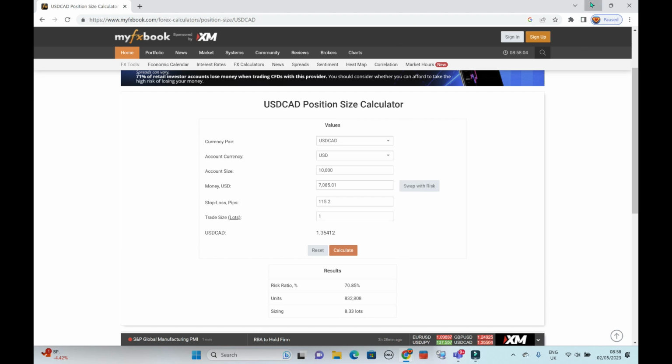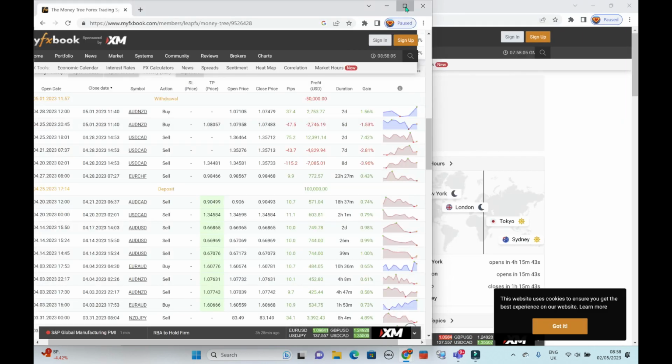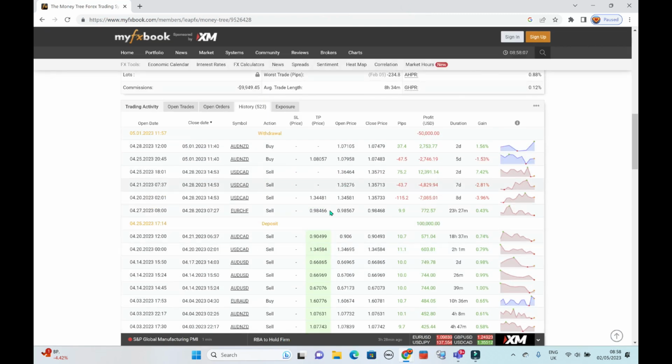Okay, so let's do that for these. I worked this out. This was the trade which I didn't get. This was an 8.33 lot trade. It was losing, and then there was a new recovery trade which was opened at 14.97 lots, and then another trade was opened.